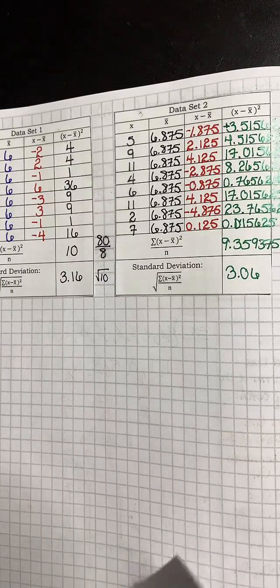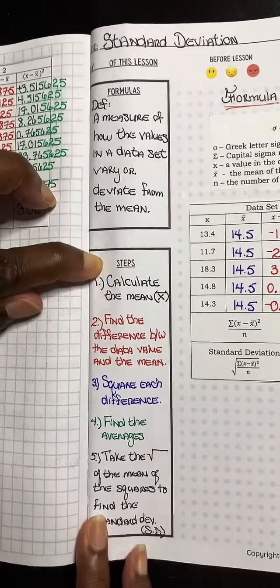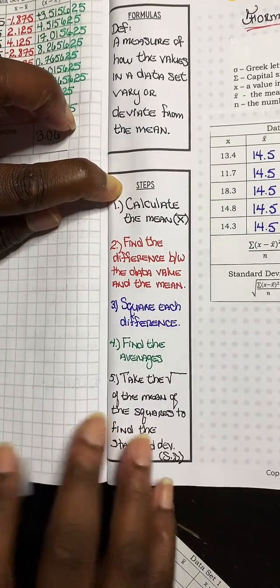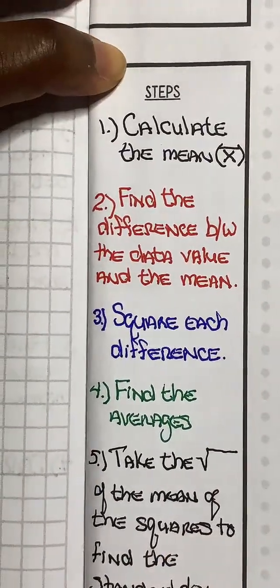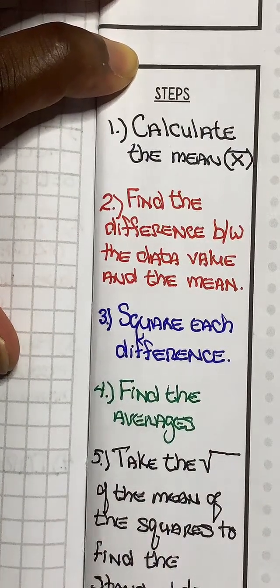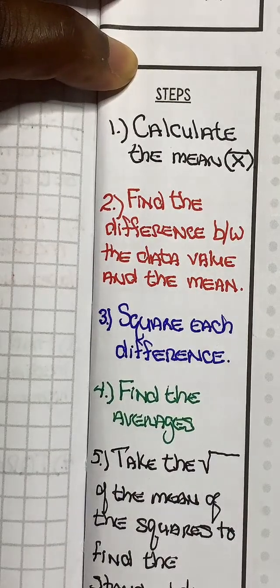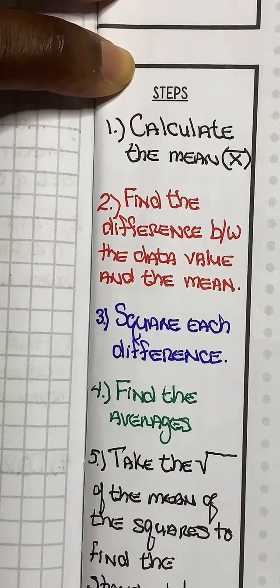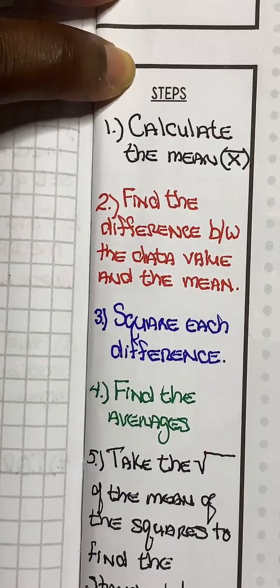Can you see the rules again? Sure. Give me one moment. The rules are the steps. Let me zoom in. Let me get into the back of the book here. You're welcome.